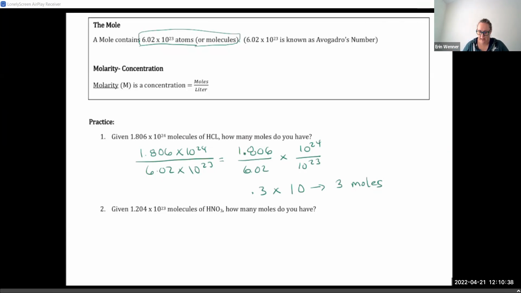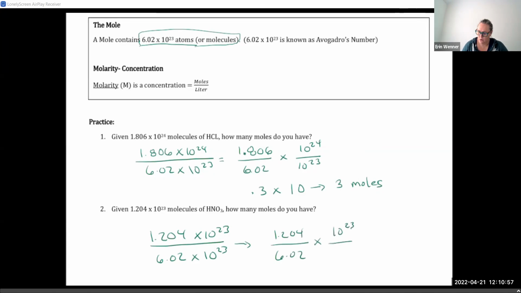So we're going to take what we have, 1.204 times 10 to the 23rd, and we're going to divide it by 6.02 times 10 to the 23rd. Again, we can break this up into 1.204 over 6.02 times 10 to the 23rd over 10 to the 23rd. Those cancel.